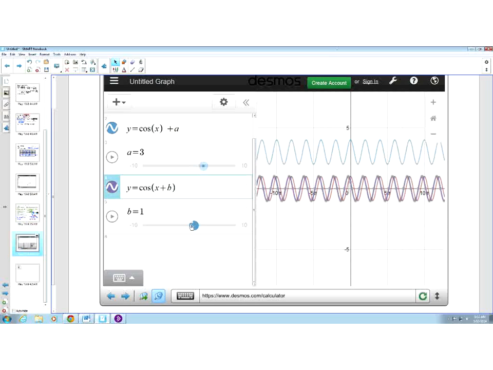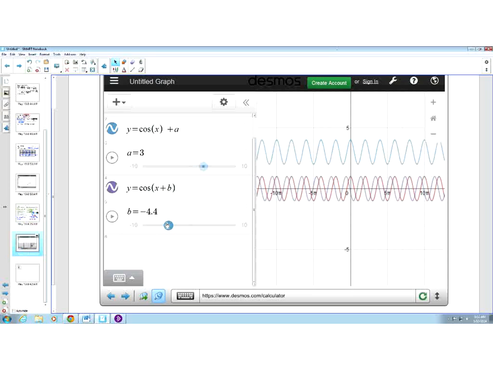So if I were to shift the graph to the right, okay, a right shift would mean that I would have to use negative values for b. Okay, so notice that as I take my slider and I move it to the left, the graph of the purple curve moves to the right. So when b is negative, that is a right shift. Okay.